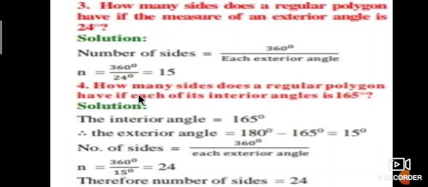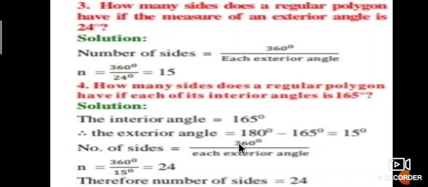The next question is, how many sides does a regular polygon have if each of its interior angles is 165 degrees? They are given the interior angle is 165 degrees, therefore the exterior angle is equal to 180 minus 165, that is equal to 15 degrees.